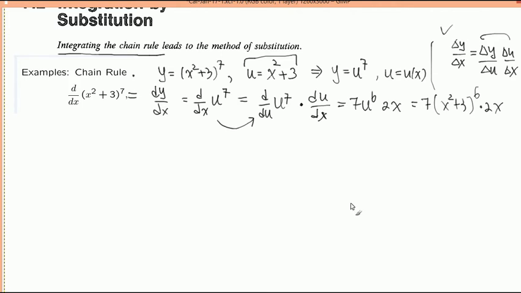Our goal is reversing this one, right? So let me write that down over here. I think this version I like. This is a specific example, but in general, you have something written in terms of u, then multiplied by du dx. They're all simplified and hidden, so you don't see this structure.